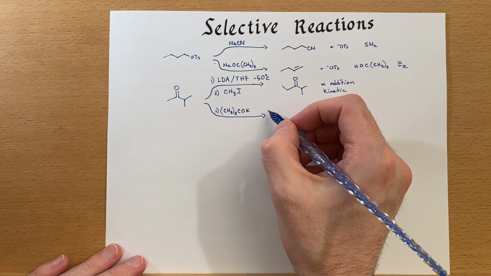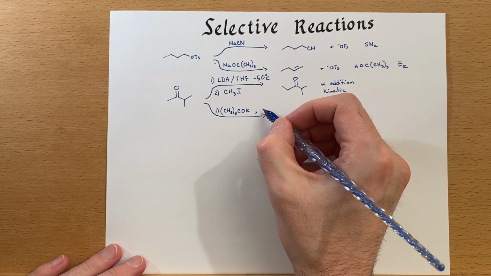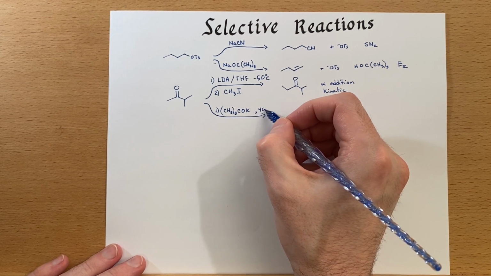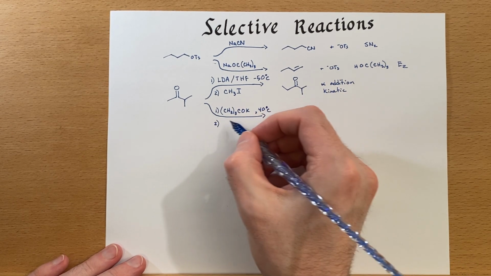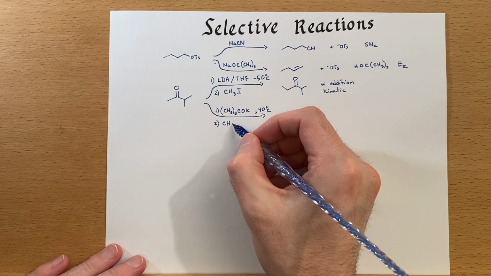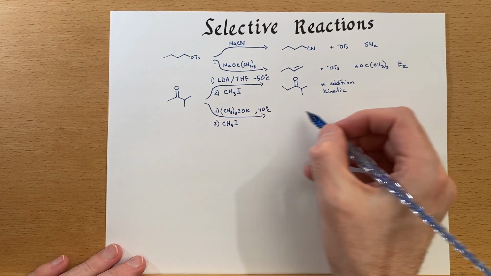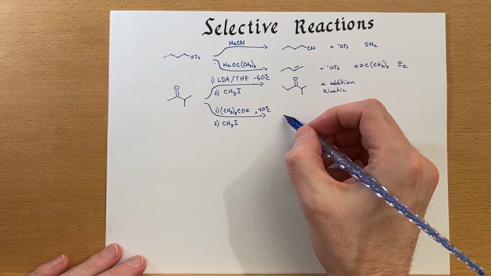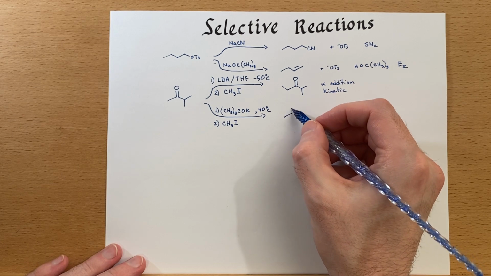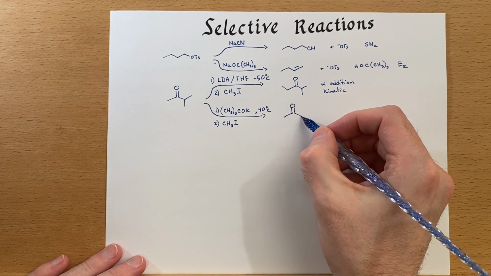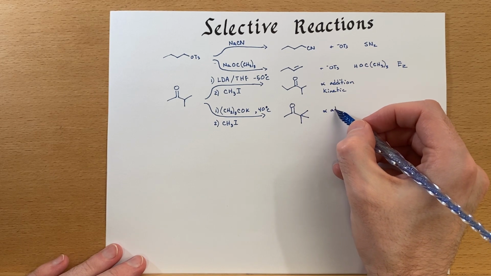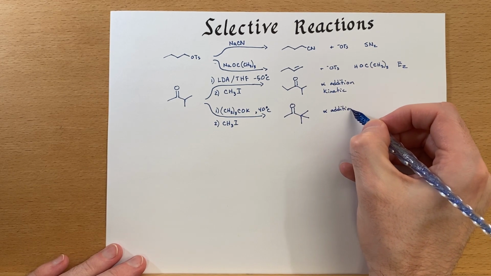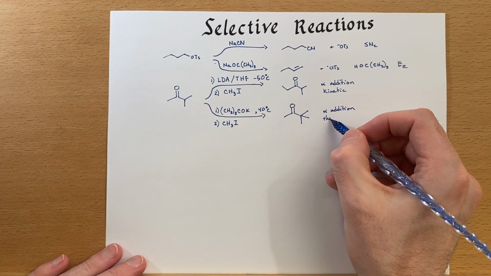And we'll need to run this at a higher temperature, say 40 degrees C. Same substrate here. And now we've selected for the other side. Alpha addition, thermodynamic.